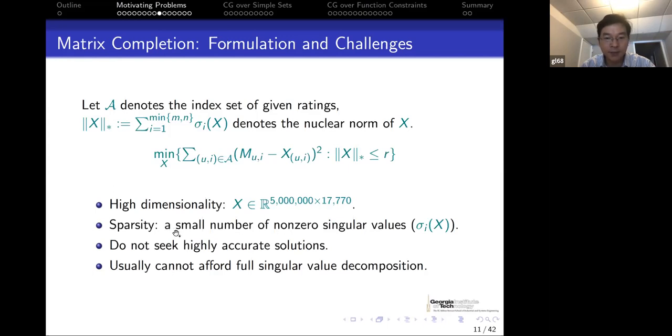A sparse solution means we only have a small number of non-zero singular values. That means the rank of the matrix is small. Also, we don't need a very highly accurate solution. One more thing about matrix completion is that usually we cannot afford to do a full singular value decomposition because the matrix is so large.